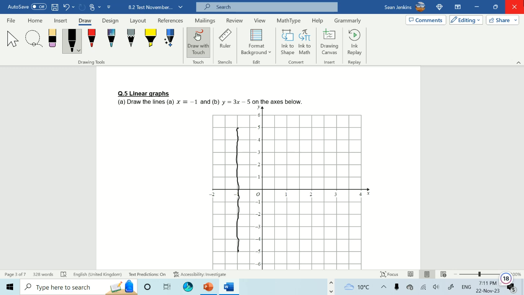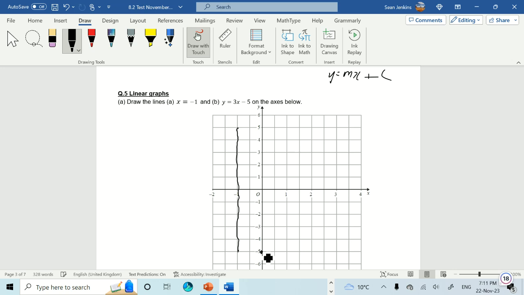I need a few points, and all straight lines are formed y is equal to mx plus c. If I put in x is equal to 0, I know that y is equal to minus 5.